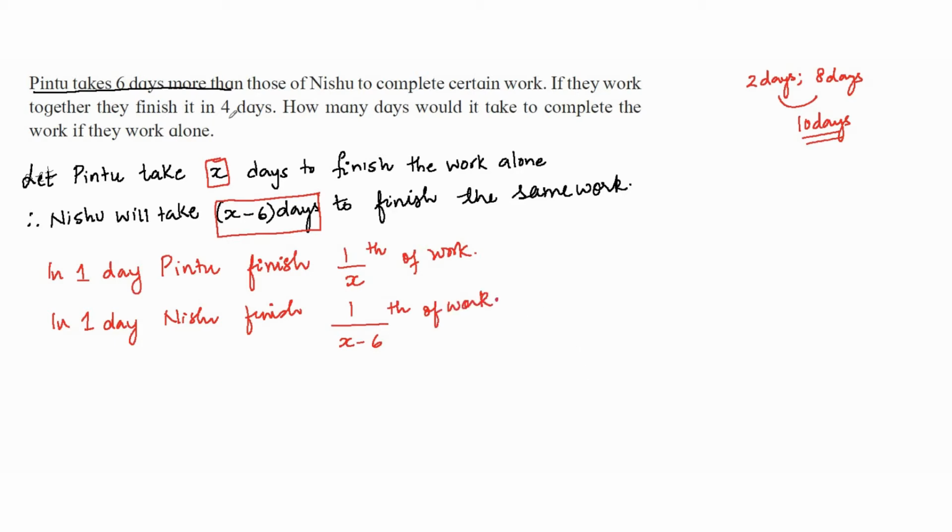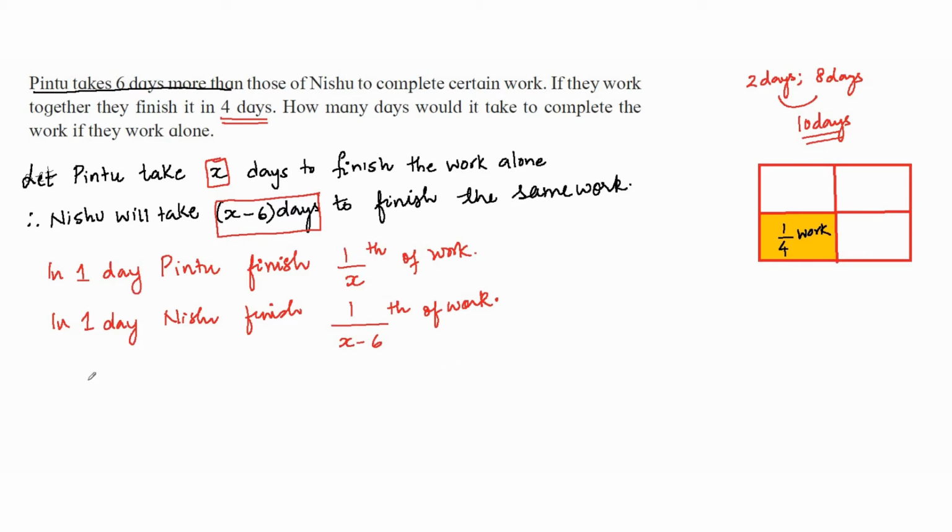Now they together finish it in 4 days. Suppose this is the work, say painting this wall. They complete it in 4 days, which means in 1 day they complete 1/4 of the work.